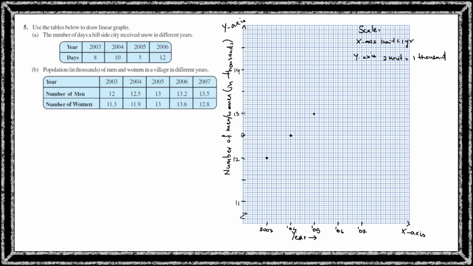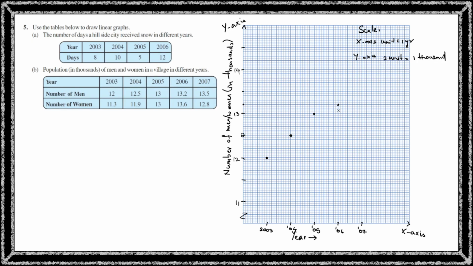So 0.1 is going to be 2 lines from here, then 0.2, 0.3, 0.4, 0.5, and so on. When I say 13.2, I'm talking about this particular point. So 2006 corresponds to this point.